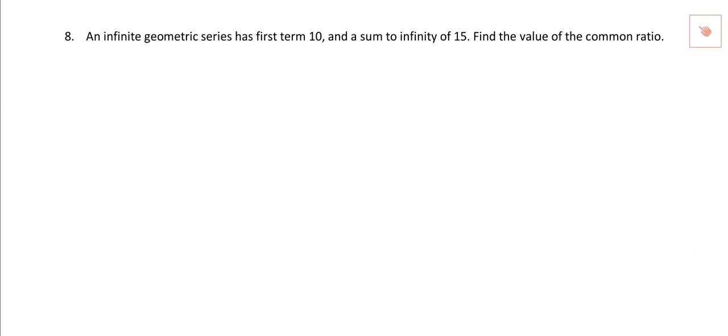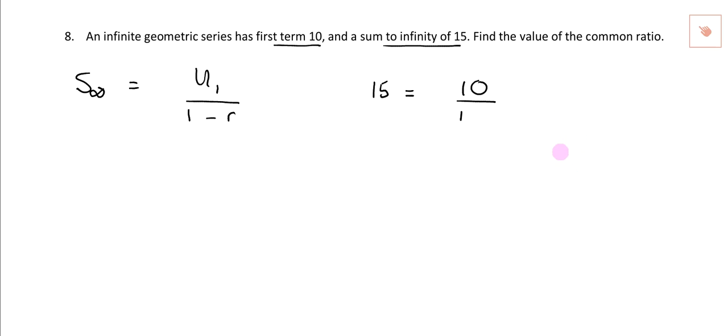These are quite good. I think you've got these, didn't you? I thought it might trick you up. Well, this one's alright now. An infinite series. Okay, what's the formula for an infinite series? u1 over 1 minus r. So we know that the sum is 15 and the first term is 10. Find the value. So we just put 15 equals 10 divided by 1 minus r. If I multiply through by 1 minus r, I get 15 multiplied by (1 minus r) equals 10.